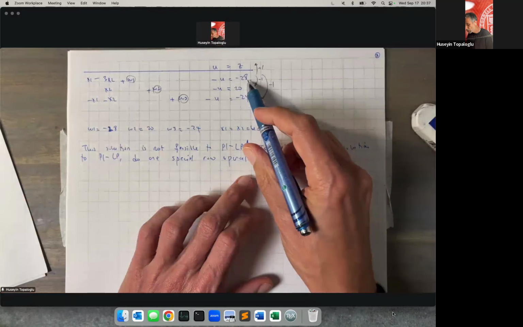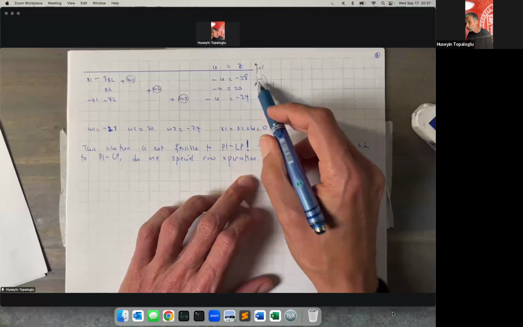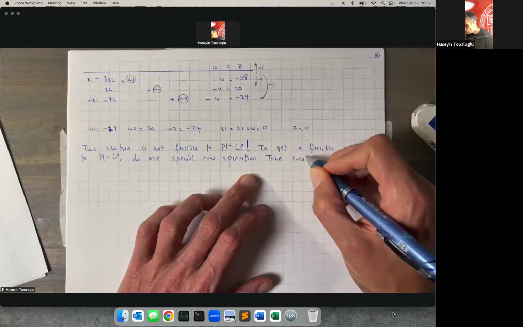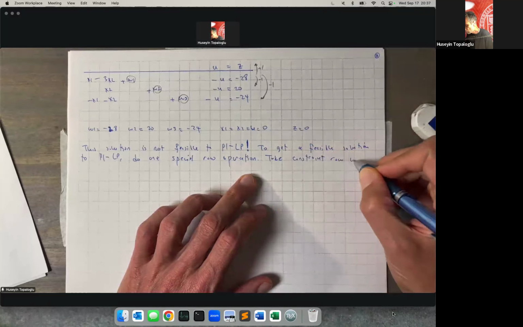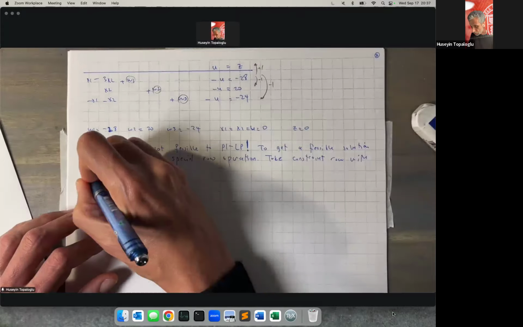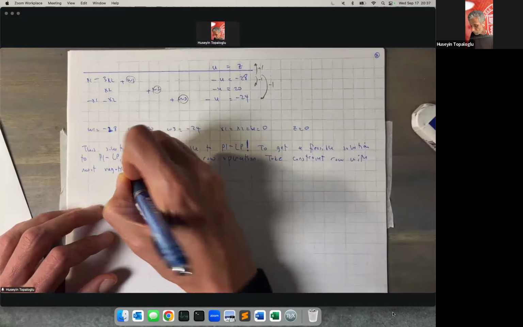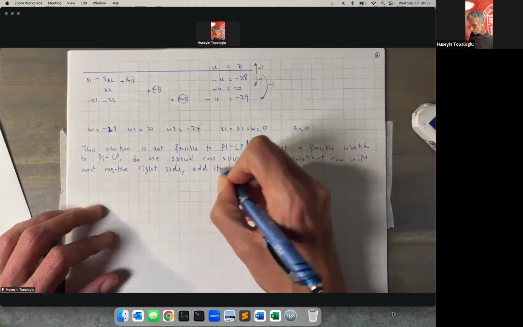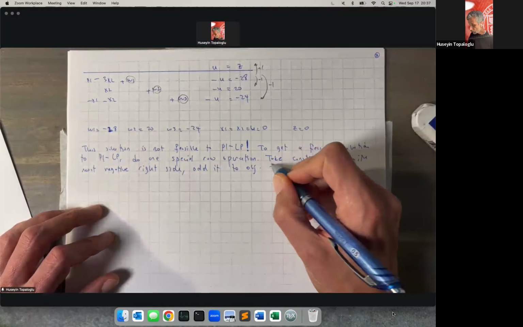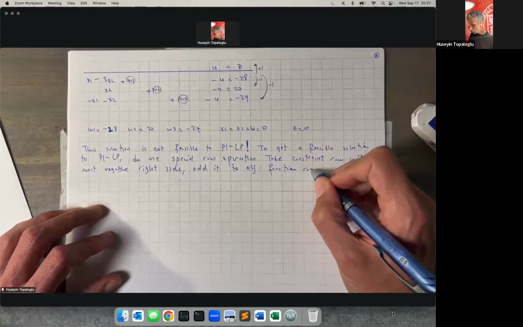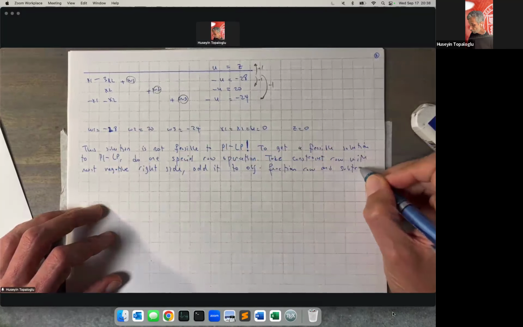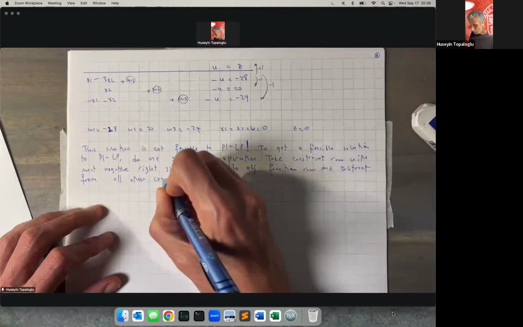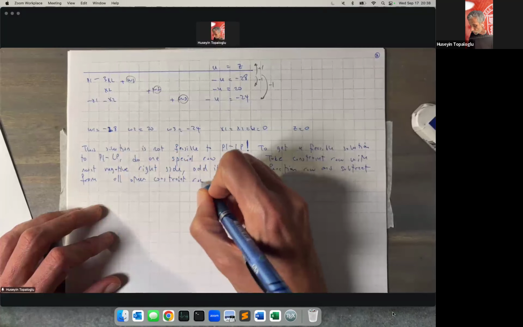Take the constraint row with the most negative right-hand side, add it to the objective function row, and subtract it from every other constraint row.